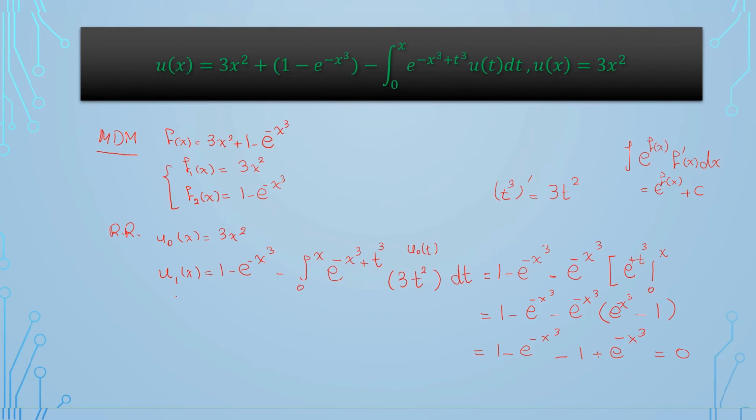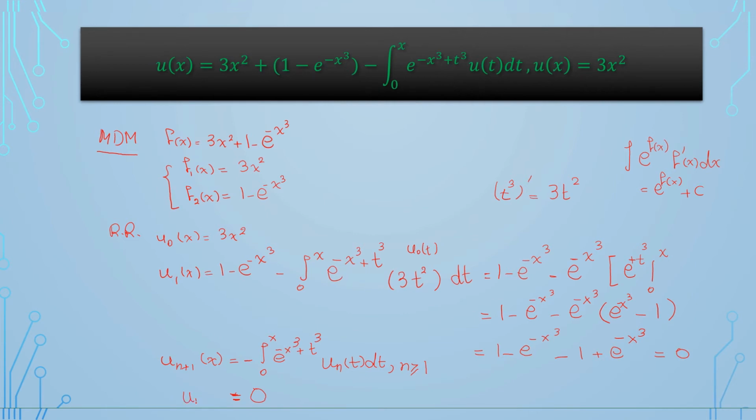And this is very good, because now when we write u n plus 1 of x, which is minus the integration from 0 to x of e raised to minus x cubed plus t cubed u n of t dt, where n is greater than or equal to 1, we will get this with the value of 0, right?